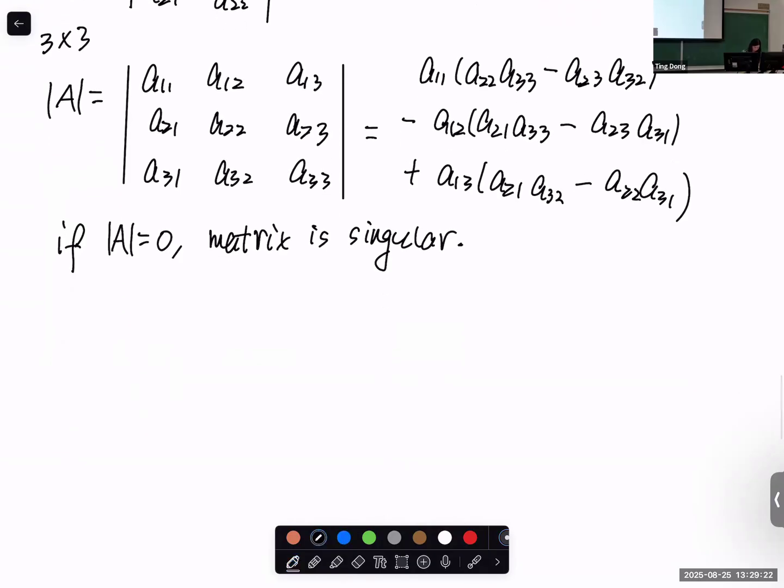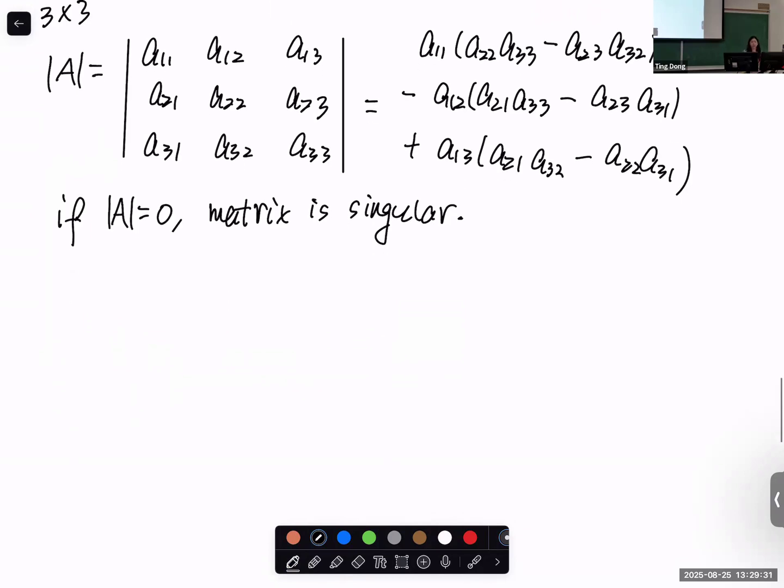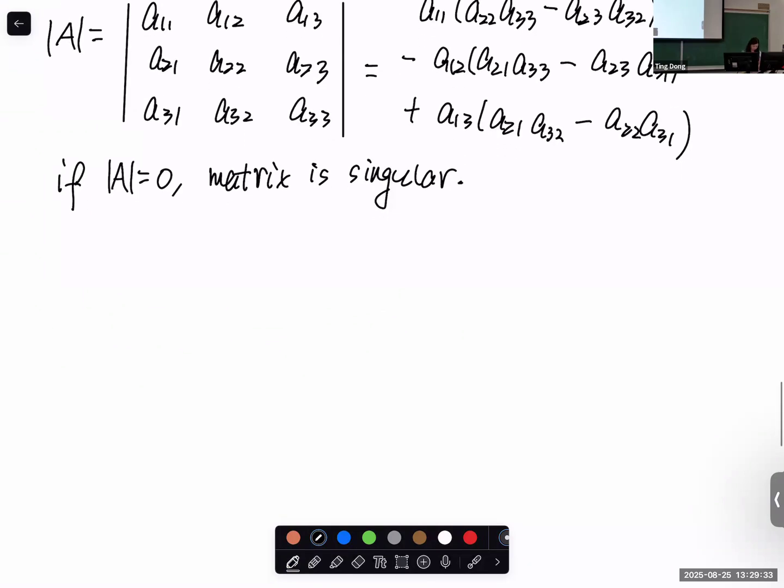For the inverse matrix, I only expect you to calculate 2 by 2 in your exam. In homework, I can give higher dimension matrices, but you can use MATLAB.